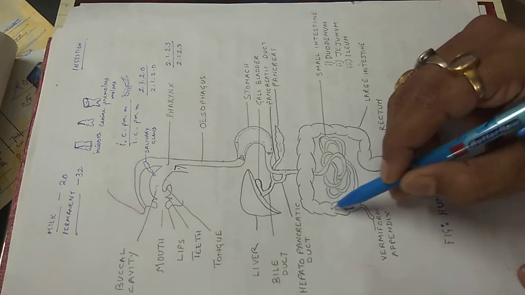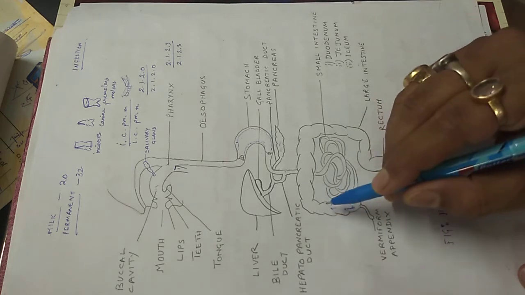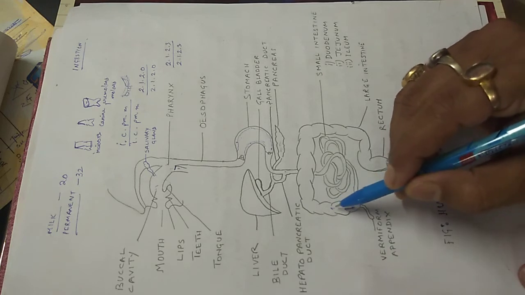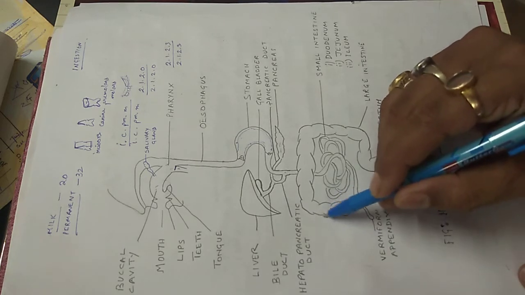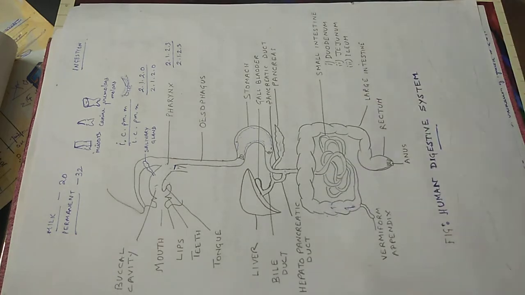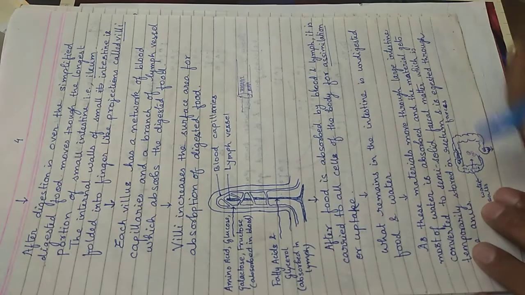Inside the large intestine there are also villi-like structures which will absorb water. So water and salts will be absorbed in the large intestine.